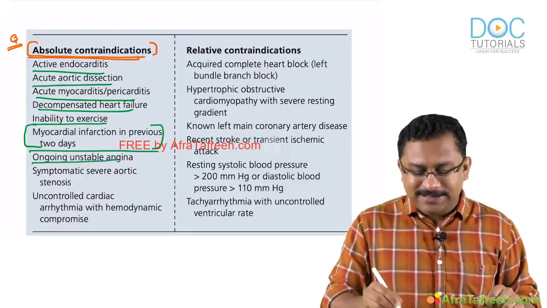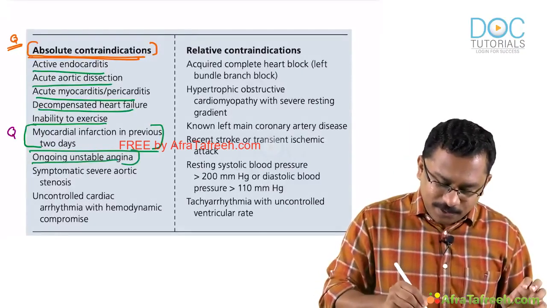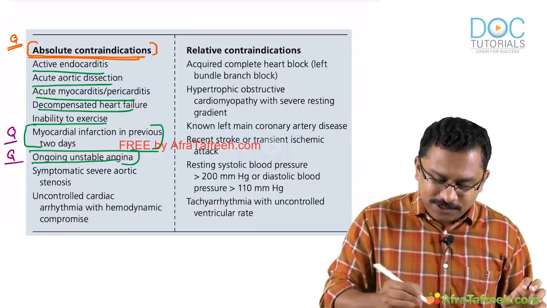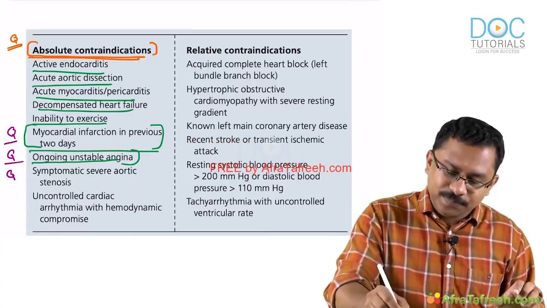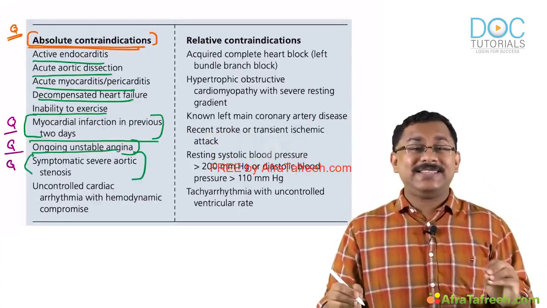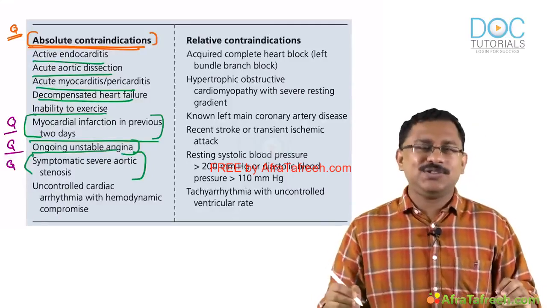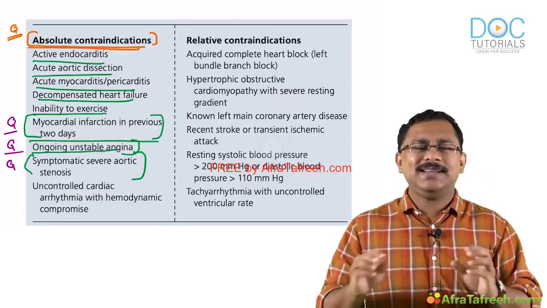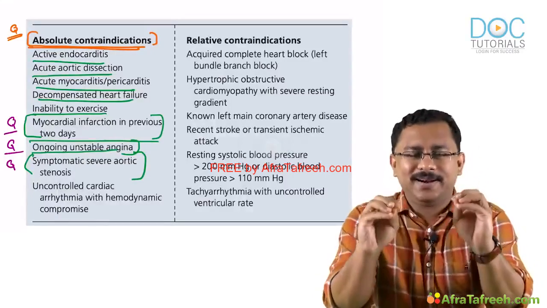And ongoing unstable angina, that is also very important. So these two are very, very important: myocardial infarction in the previous 2 days and ongoing unstable angina, and this point also. What I am saying is very important are the ones which have been previously asked as questions. So symptomatic severe aortic stenosis also. If it is mild aortic stenosis, you can still proceed ahead with the treadmill test.